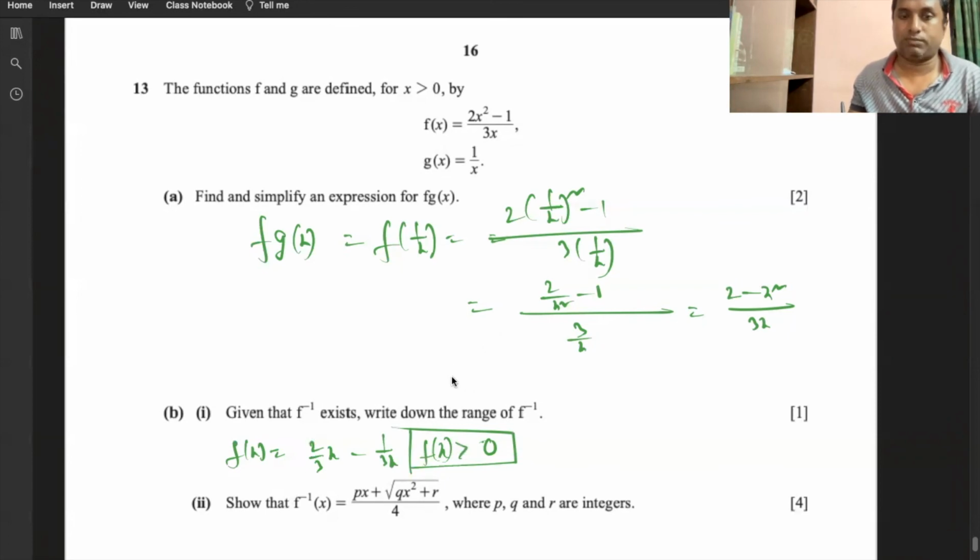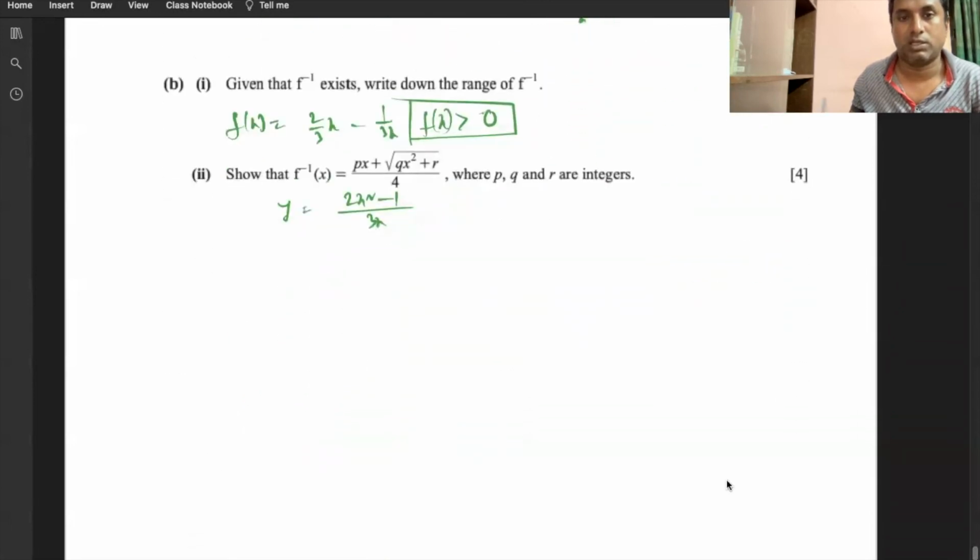Now we need to find f inverse. I mean y equals (2x² minus 1) divided by 3x. We can simplify this and make x the subject. 3xy equals 2x² minus 1.